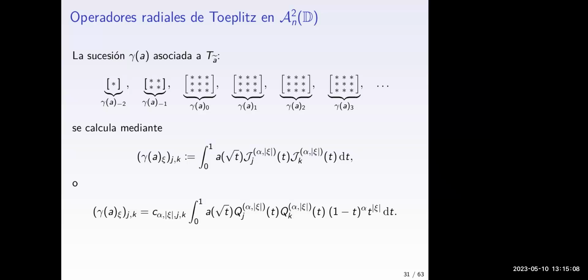Yes, the sequence of matrices corresponding to the radial operator, the Toeplitz radial operator, we can see that sequence as the sequence of matrices for n equal 2, and we can have an explicit way to calculate the entries of every one of these matrices.